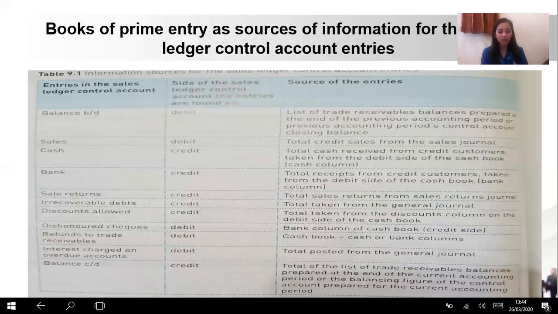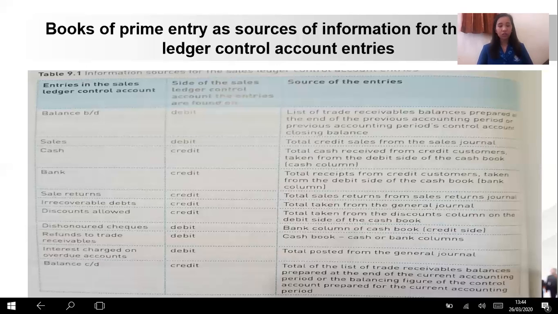And balance carried down we put on the credit side. It is the total of the list of trade receivable balances prepared at the end of the current accounting period, the balancing figure of the control account. Basically, this is the whole set of transactions that can build up our sales ledger control account.